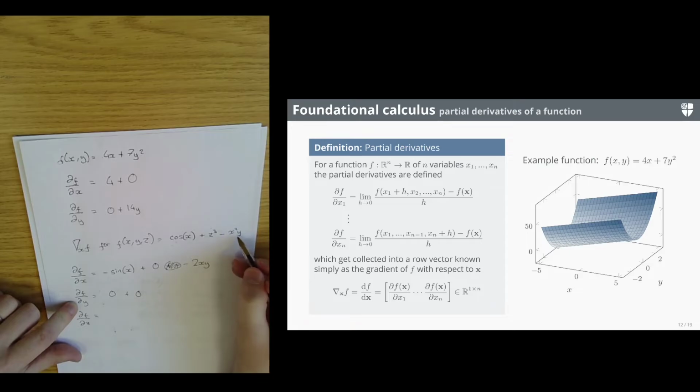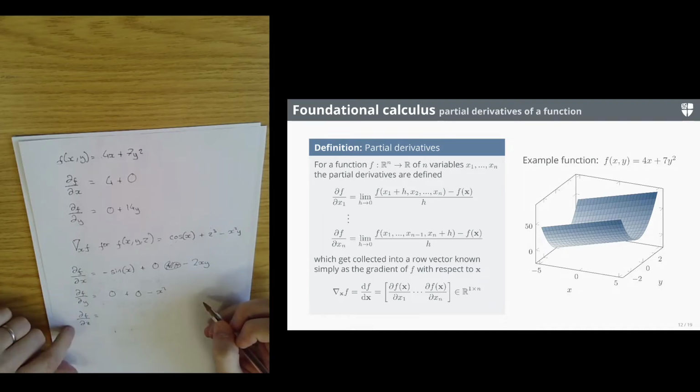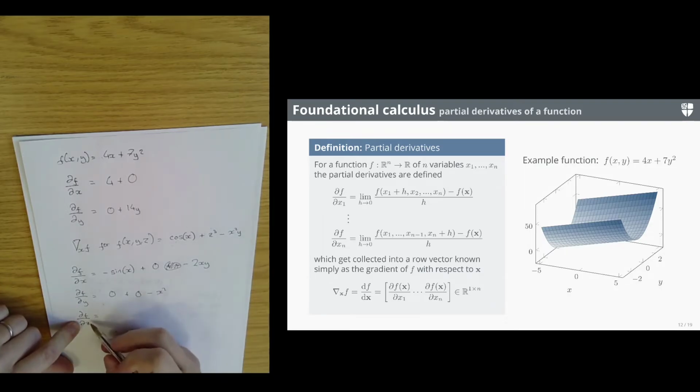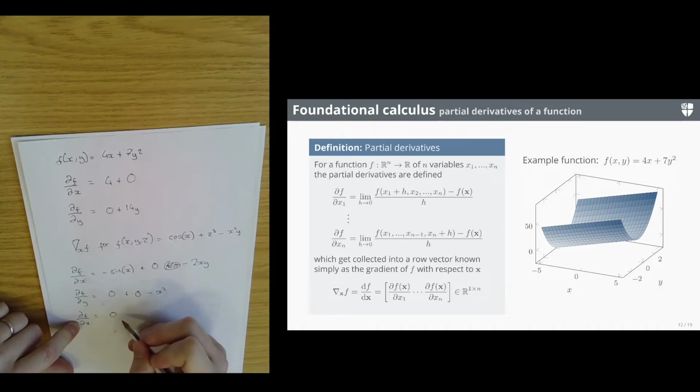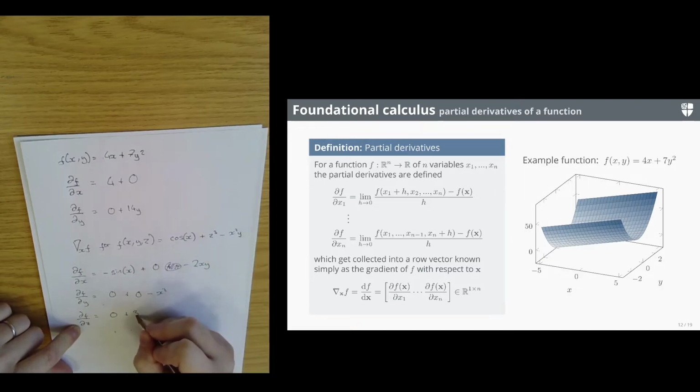And then there's a y here, so differentiating gives minus x squared. And this one here, again there's no z, so this is 0. There is a z here, so that's differentiated with respect to z using the power rule, which gives 3z squared. And this is going to be minus 0.